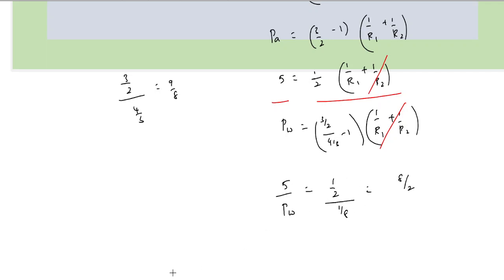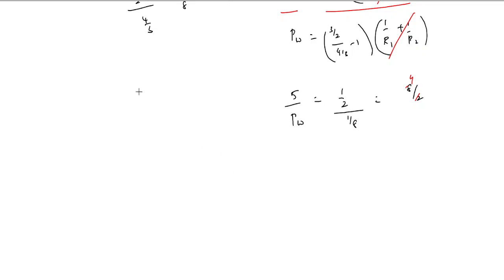So from here, 2 1s are 2, 4 2s are 8. Therefore, if you bring this 4 down and take power for water side, then 5 by 4 would be the power in water, which is 1.25 diopter. So this is the required answer. Thank you.